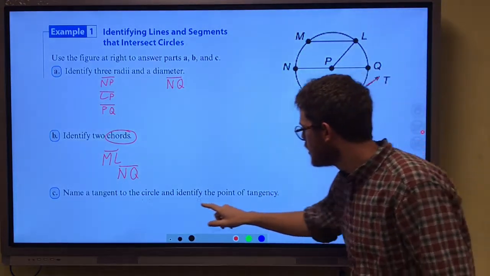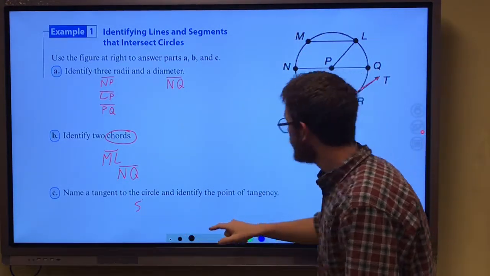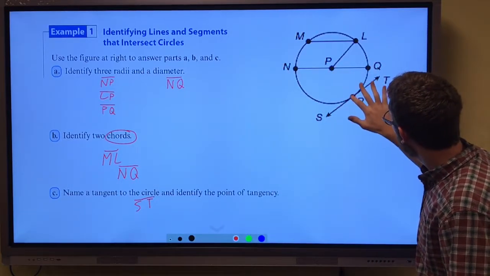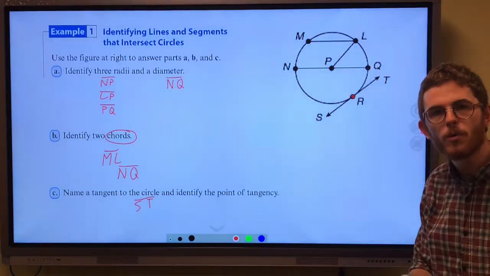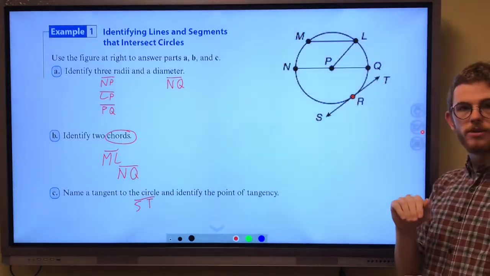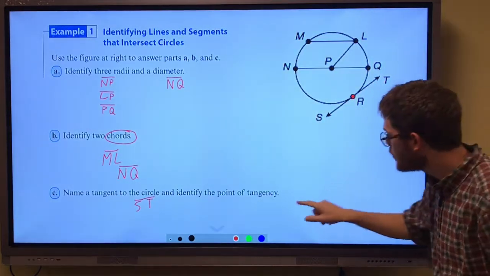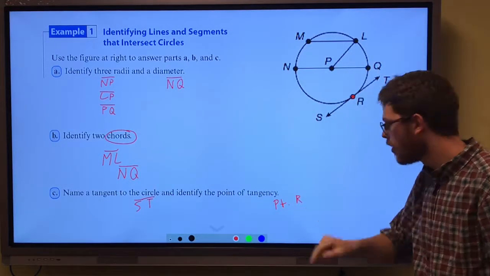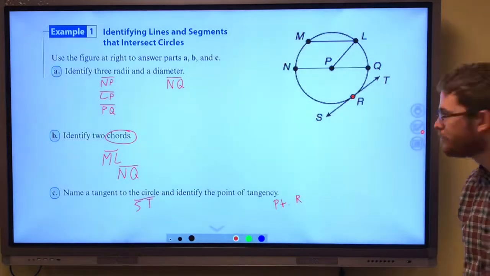So it looks like this is going to be tangent ST. And R, the point of tangency is the point where it does touch the circle. R, right there, R is our point of tangency. So point R is our point of tangency.